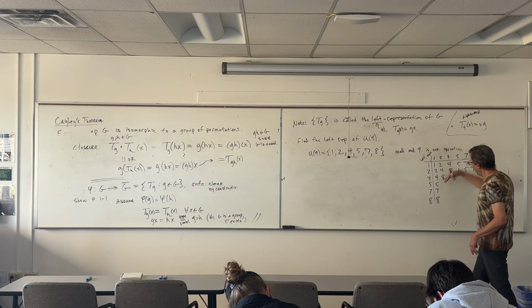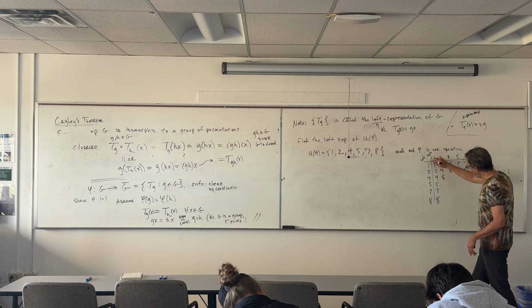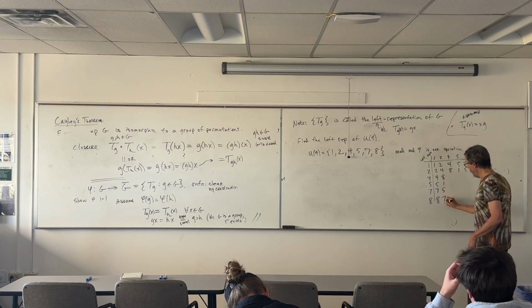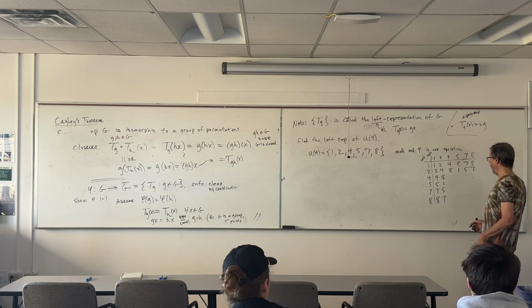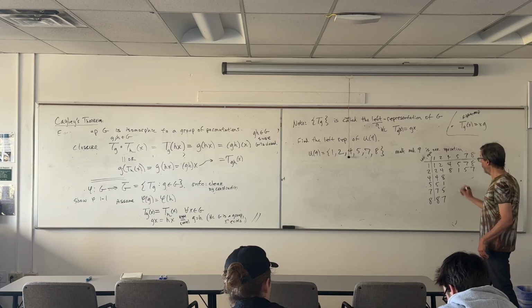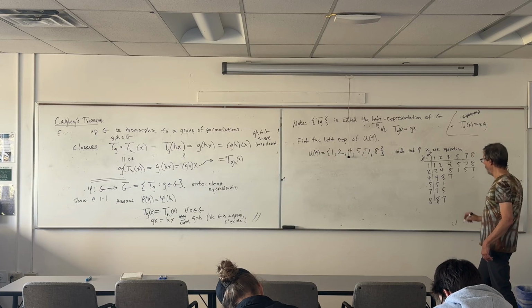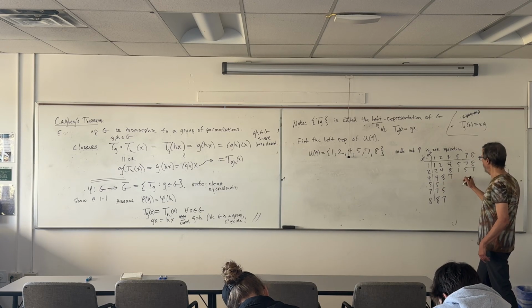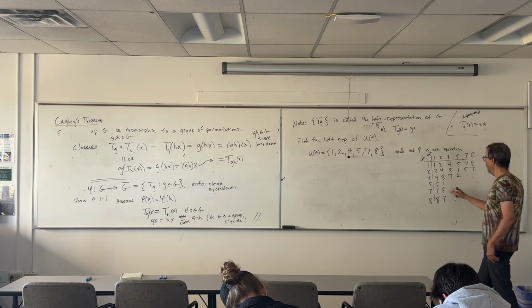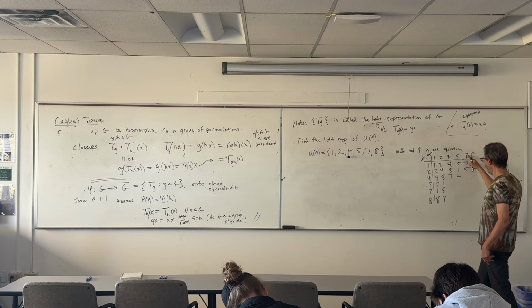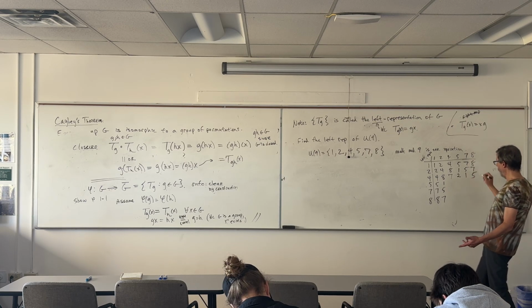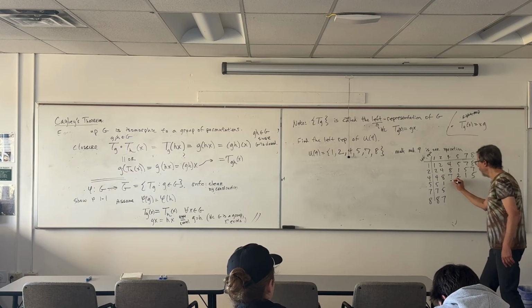Oh, and it's abelian, so you get this nice symmetry down the diagonal. So once you've got one row, you've got that corresponding column. 4 times 4, 16. Mod 9, 7. 4 times 5, 20. Mod 9 is 2. The other one I haven't used yet, so 5, 2, 1, 5.